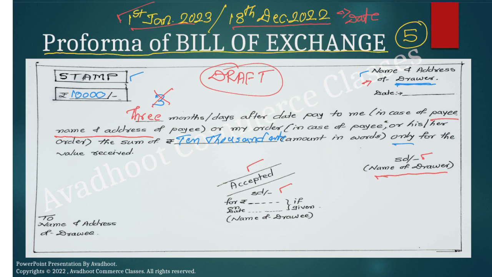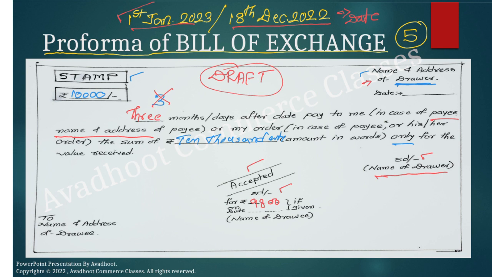Now, suppose nothing is given in the problem, then these 2 lines should be kept blank. But suppose the bill is drawn for 10,000 and he is ready to make payment of only rupees 9,800, then he'll have to put here for rupees 9,800, meaning he had accepted the bill for 9,800.